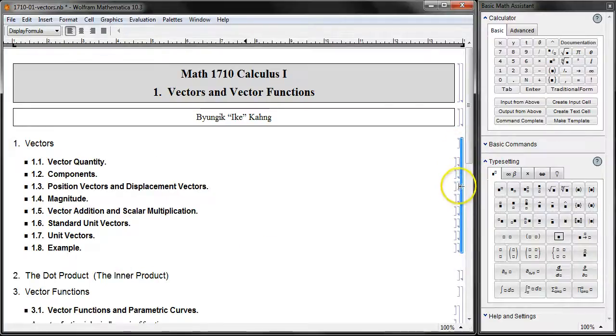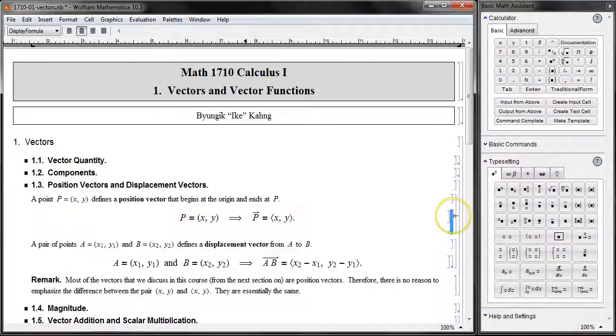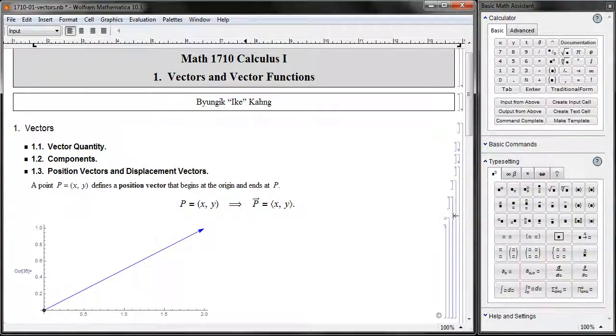What was a position vector? Given a point x comma y, we can get a position vector that starts from the origin and ends at the point x comma y. So the point x comma y and the vector x comma y were interchangeable, and that's how the position vector works.